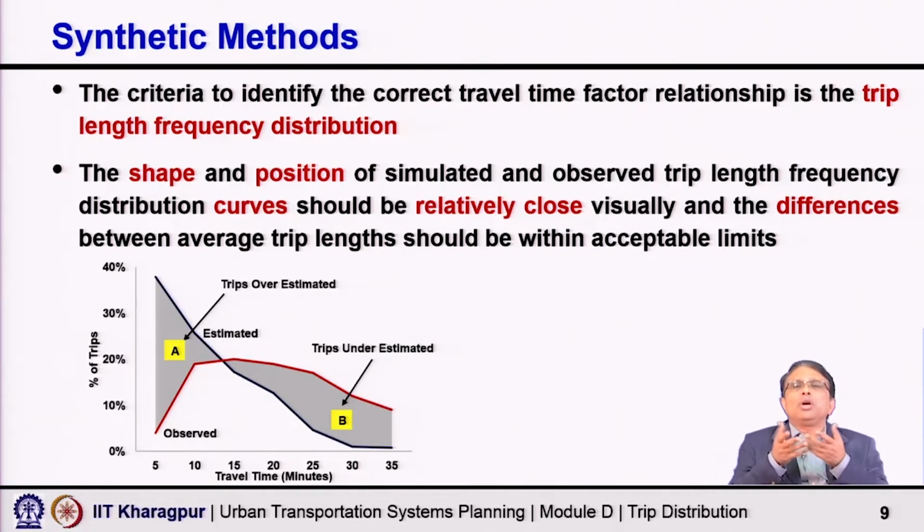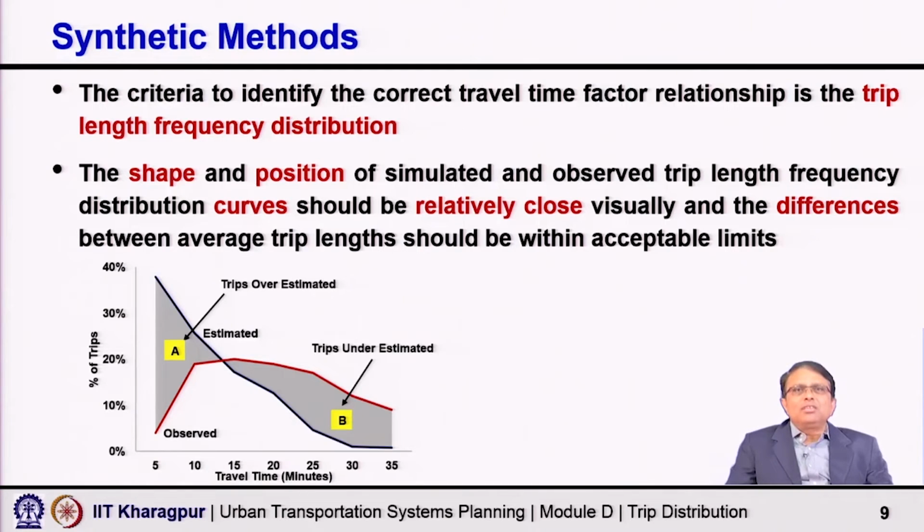So, what will I get? I will get the percentage of total trips happening with 5-minute travel, with 10-minute travel, with 15-minute travel and so forth. Okay. That is what we want to get.